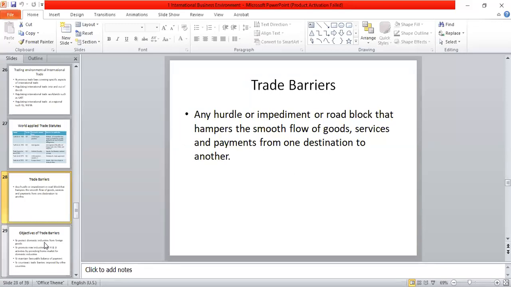Sometimes government also decreases tax just to welcome outside commodity in our country, so that everyone will get that commodity. So not necessarily are trade barriers always hurdles; sometimes they become useful for countrymen also.